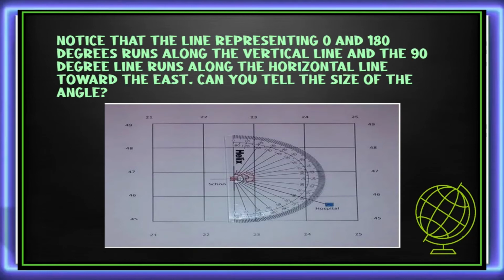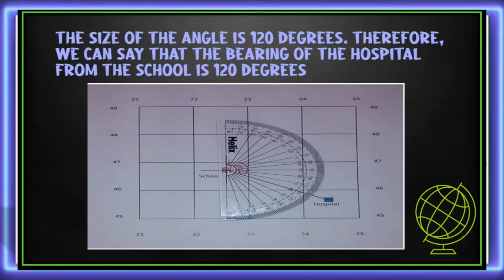Now notice that the line representing 0 and 180 degrees runs along the vertical line, and the 90-degree line runs along the horizontal line towards the east. Can you tell the size of the angle? The size of the angle is 120 degrees. Therefore, we can say that the bearing of the hospital from the school is 120 degrees.